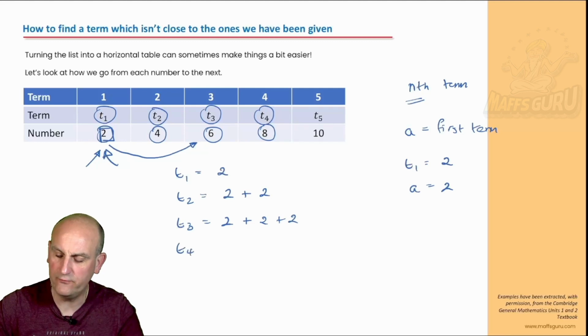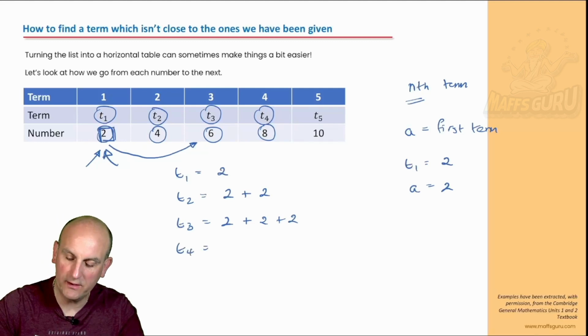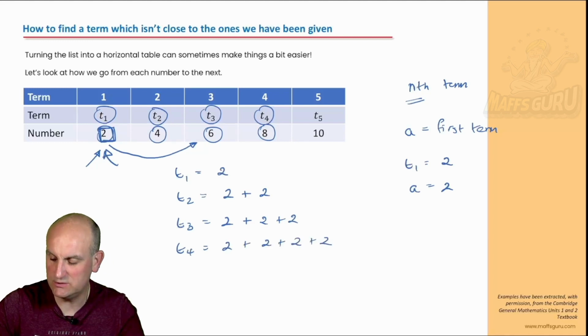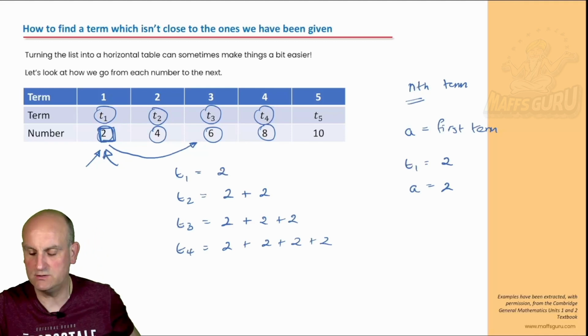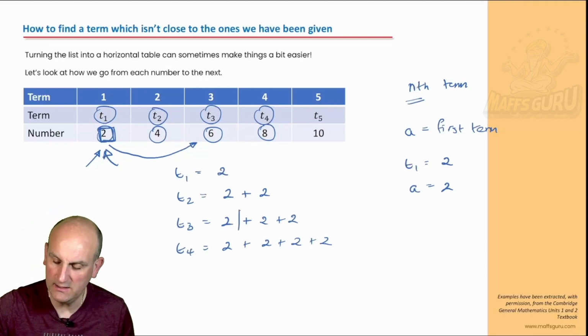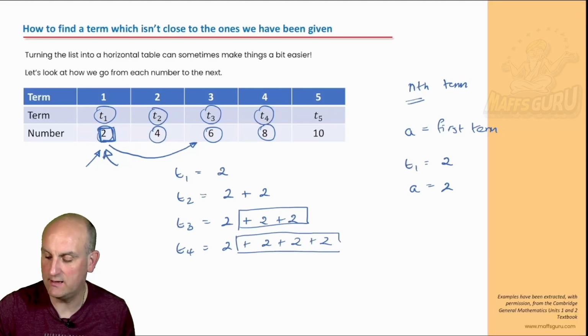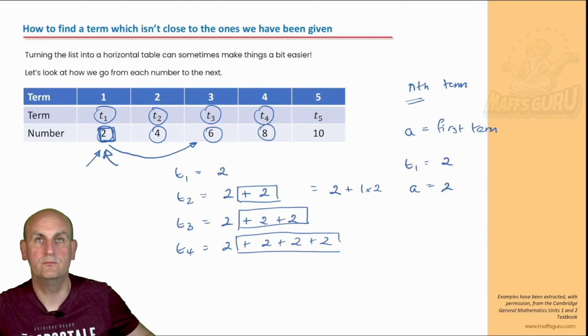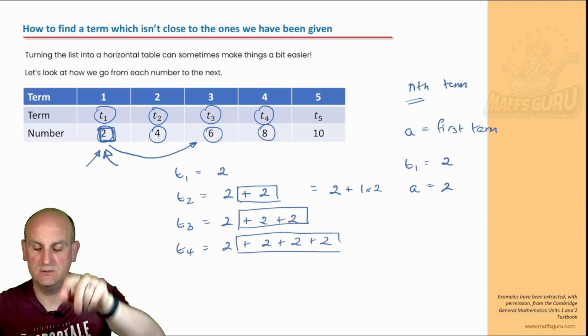And what about T4? How do I go from my first term, which is 2, all the way to 8? I do 2 plus 2 plus 2 plus 2. Now I can keep going on, but I want you to start noticing this. How many plus 2's have I got there? Well, this is the same as 2 plus 1 lot of 2.